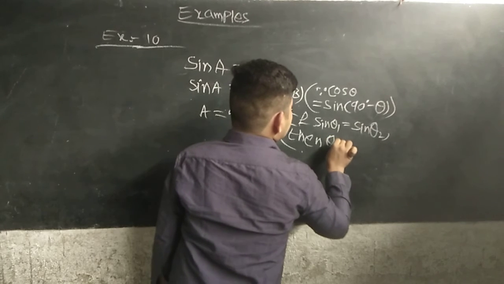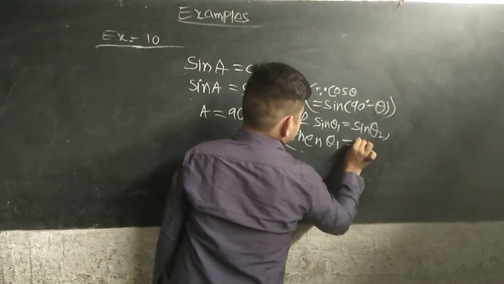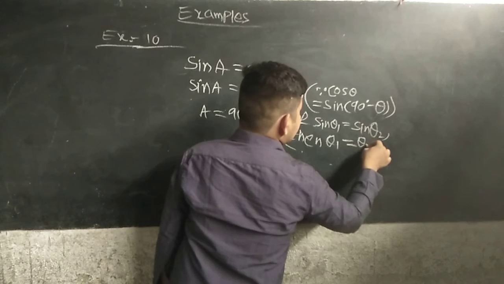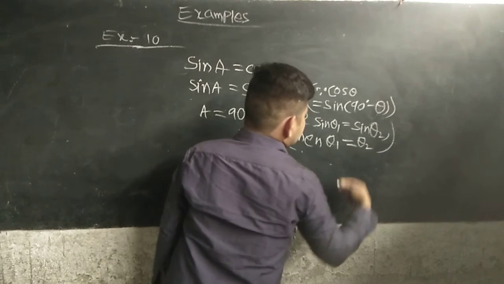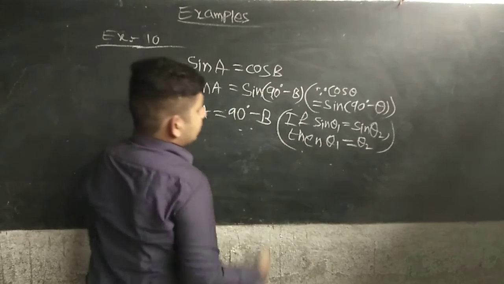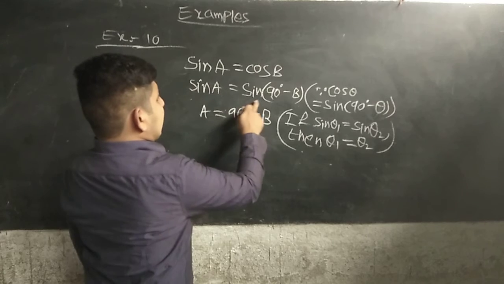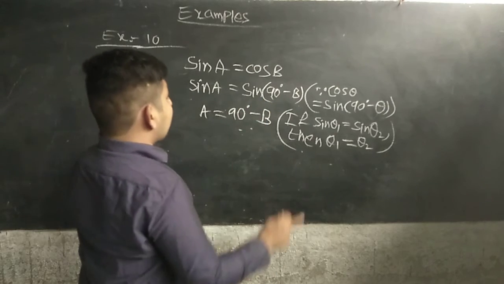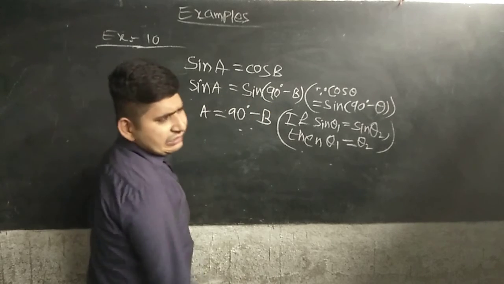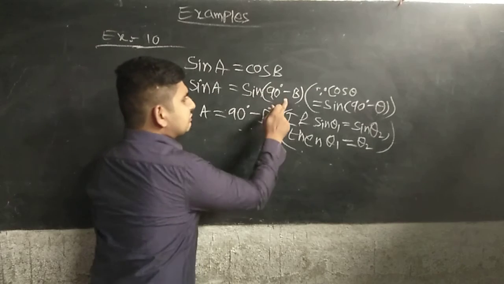That is the reason. So sin A equals sin(90 degrees minus b), so sin theta 1 equals sin theta 2, so theta 1 equals theta 2.